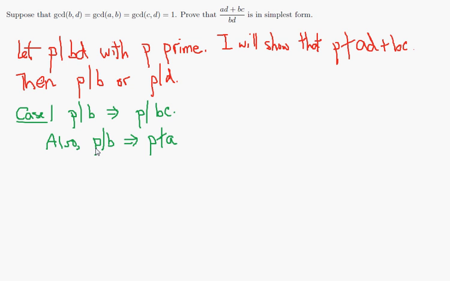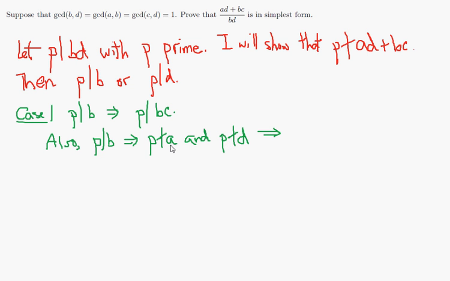So if p is a prime factor of b, then p cannot be a factor of a, because the only common factor of a and b is 1, and if p is prime, p must be greater than 1. Also, p cannot divide d, pardon me. The reason is because b and d are relatively prime, and so if p divides b, then p cannot divide d.